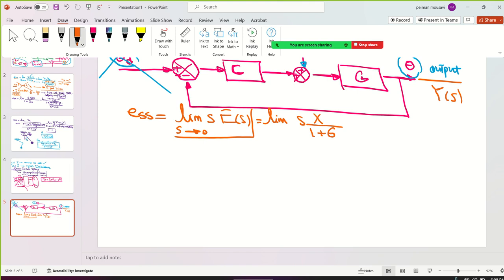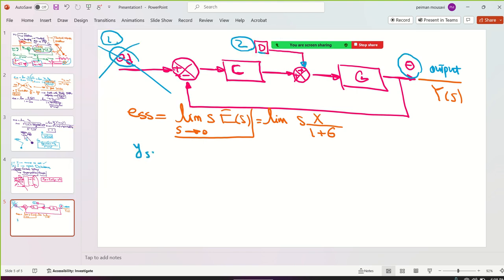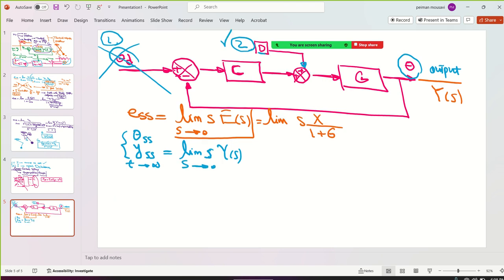Now you can say, you know what, Payman? Y of s, the final value, steady state when time goes to infinity, which here is the angle steady state, the angle of the pendulum. Exactly, I'm going to use that, s Y of s when s goes to 0. I'm going to use exactly this with this input, not with theta d. I can do that. The final value theorem can be used for any parameter.